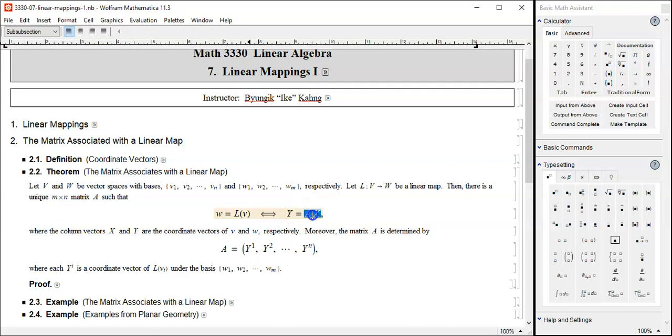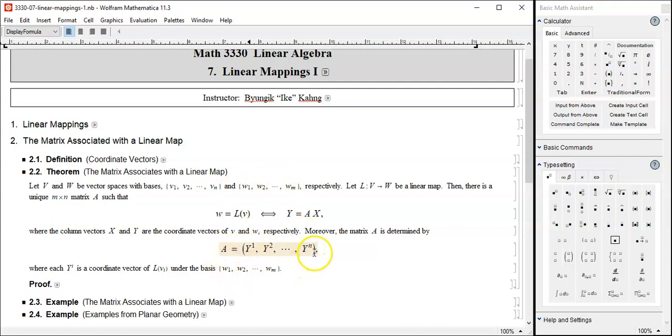how do you find this matrix A? Please remember this formula here. We can find matrix A by taking each of the basis vectors v1, v2, v3, and then taking the linear map of those and getting their coordinate expressions with respect to the w's, and writing them as columns.